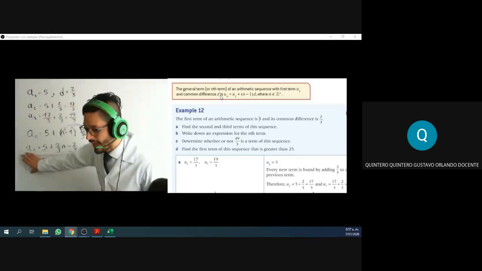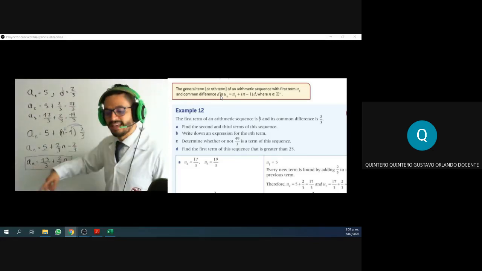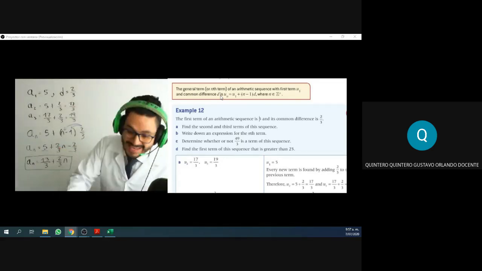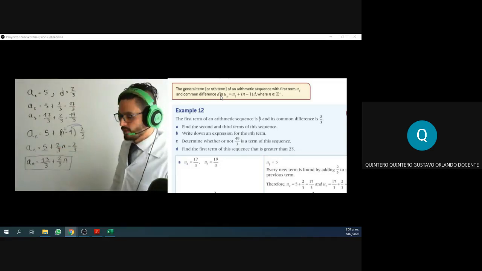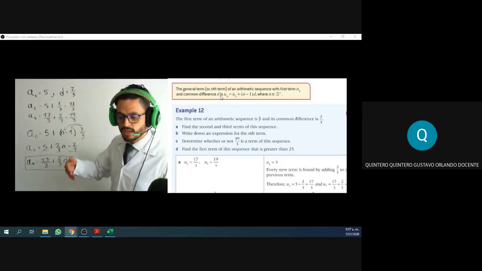Remember, this formula gives us every single term of the sequence. So if this result is 49 over 3, congratulations. That means 49 over 3 is a term of the sequence. So you just grab this in the calculator and change n by 1, 2, 3, 4, 5, and on and on and on.